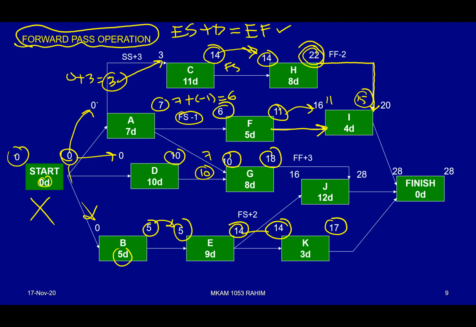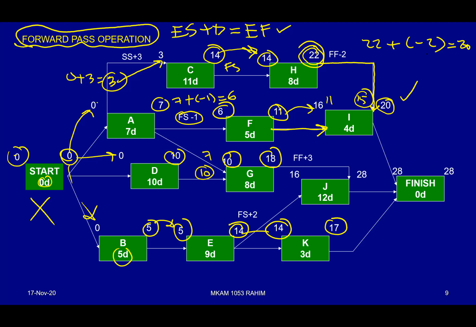That is the concept. So from where the value comes from, that is where the value will be put inside the following box. So now 22 plus minus 2 equivalent to 20. So that's why 20 is here. Between 20 and 15, the bigger value would be 20.